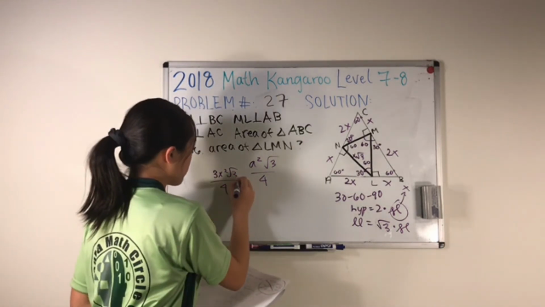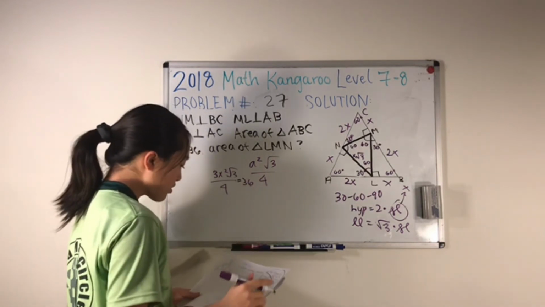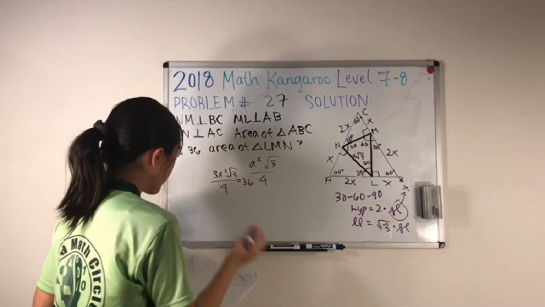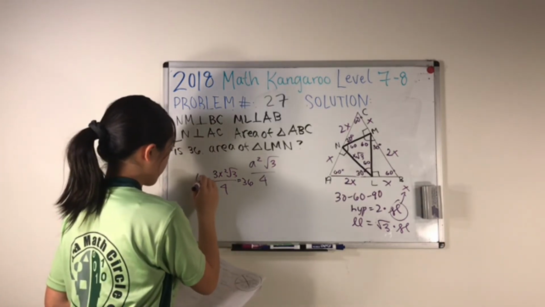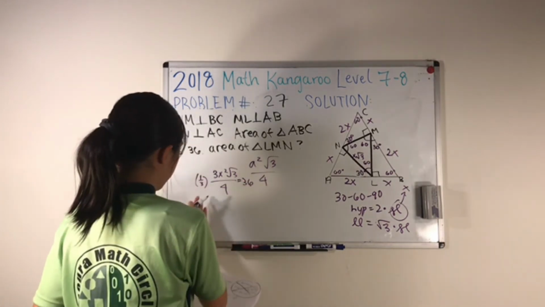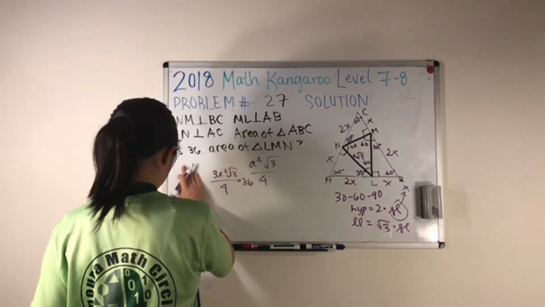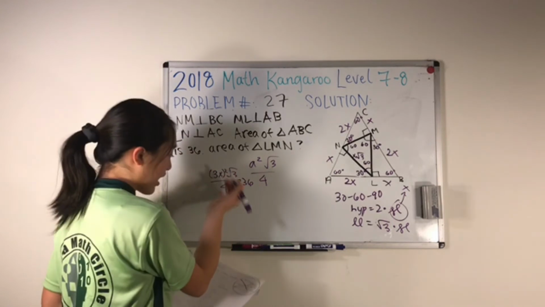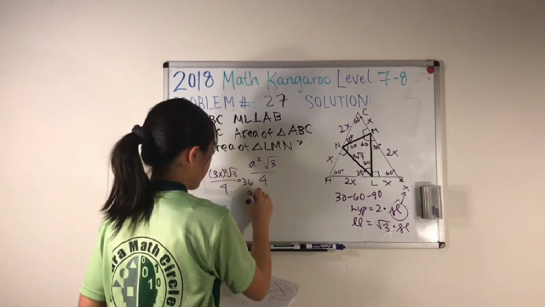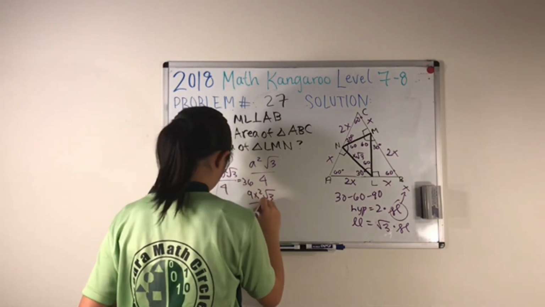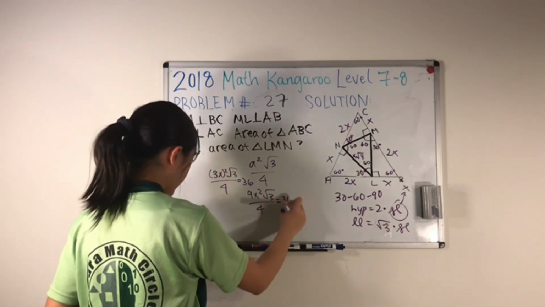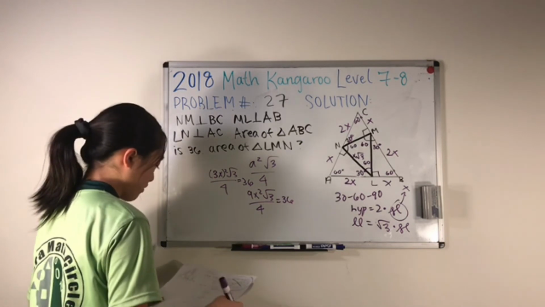So then we get 3x squared rad 3 over 4, and this is supposed to equal 36. Now we have basically 9x squared rad 3 over 4, and this equals 36. We can further solve this.